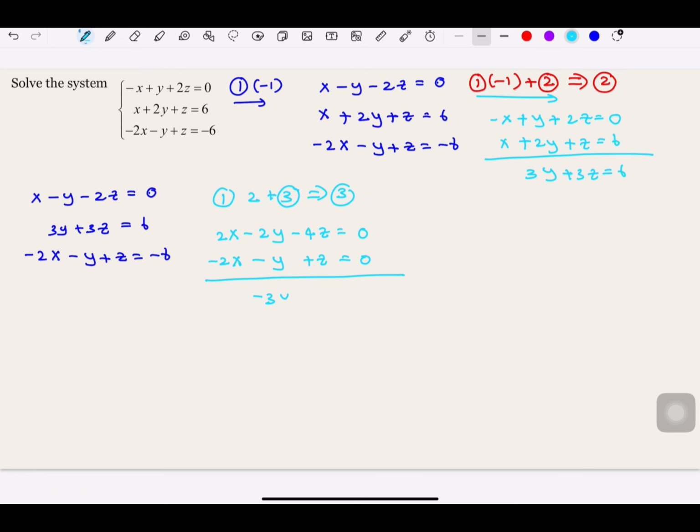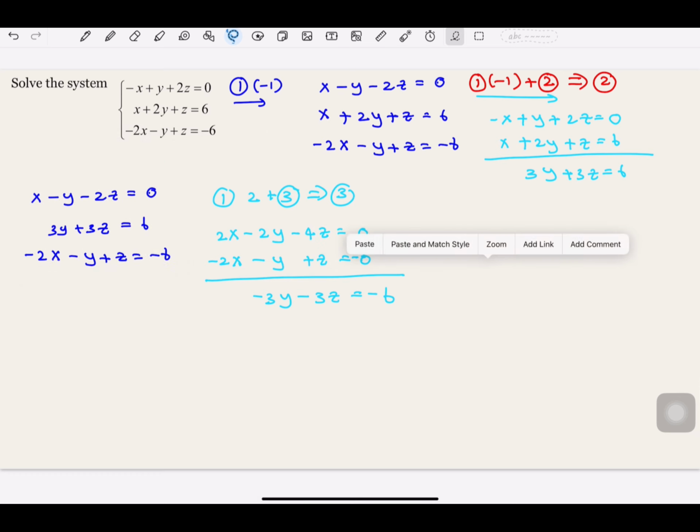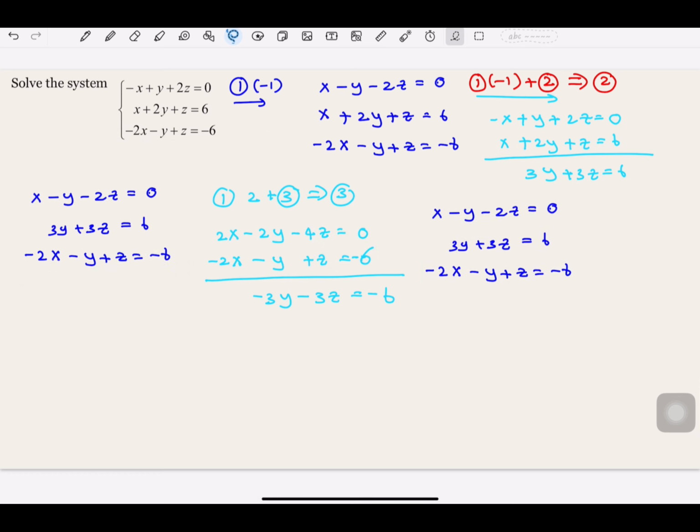Here you will have -3y - 3z = -6. So now let's copy this. Now I'm going to paste it over here, but I'm going to update my third equation, which is -3y - 3z = -6.